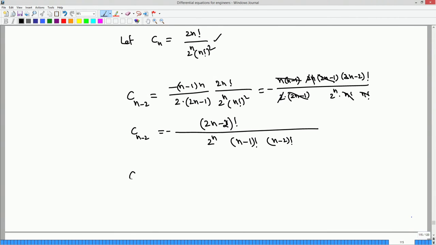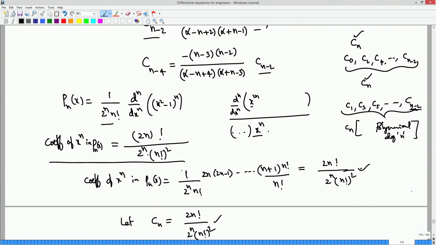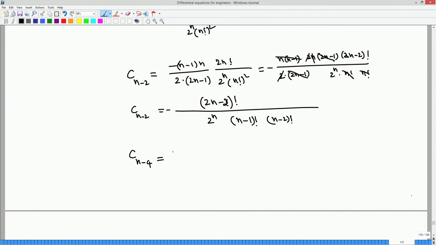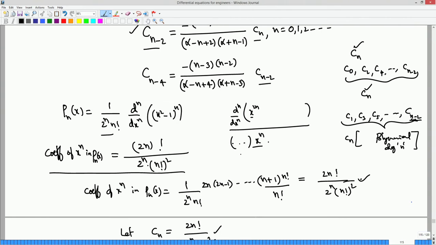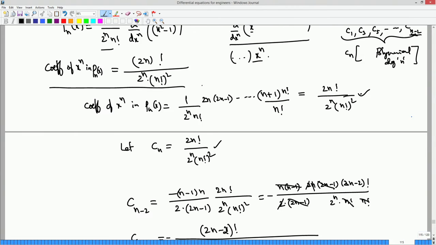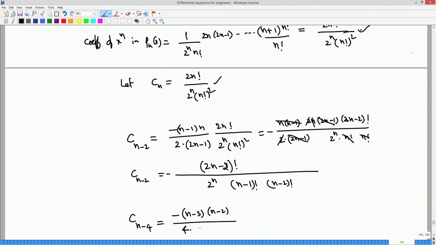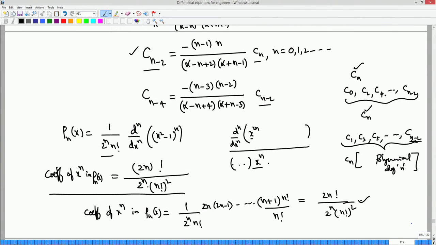Now, you get your Cn minus 4. Cn minus 4 is minus (n minus 2)(n minus 3) divided by, alpha is n, so n minus n plus 4, 4 into 2n minus 3, and what you get is Cn minus 2.